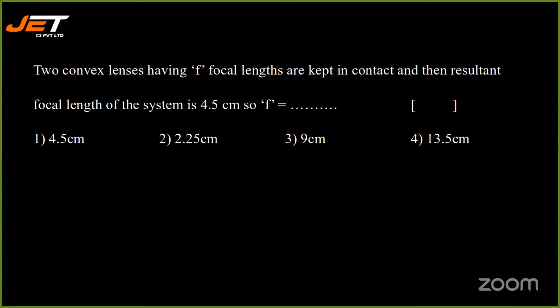It became half, right? So what should be the focal length of the individual convex lenses in the reverse case? It is the same question, but instead of giving the focal lengths of the two convex lenses, here I gave the resultant focal length of the system. Now you have to go back. If two convex lenses have the same focal length, the resultant becomes half. So if I directly give the resultant focal length as some number and I have to find the individual convex lenses, it becomes double. Simple, right? Straightforward question. So 4.5 into 2 will be 9. So 9 centimeters is the correct answer.